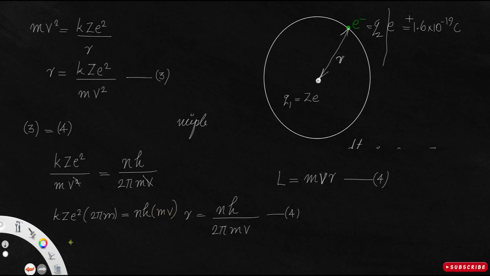We only need v, therefore, cancelling this m, v is equal to 2 pi kz square divided by nh. So this is the expression for the velocity of an electron orbiting around a nucleus. This is the speed of the electron.